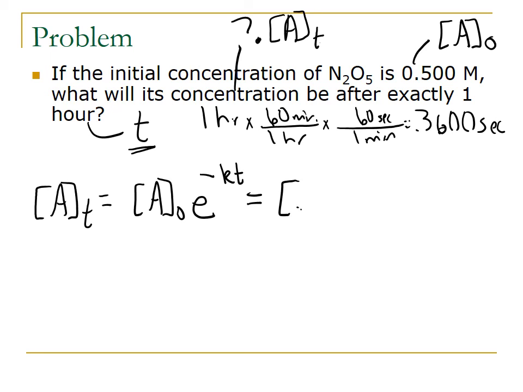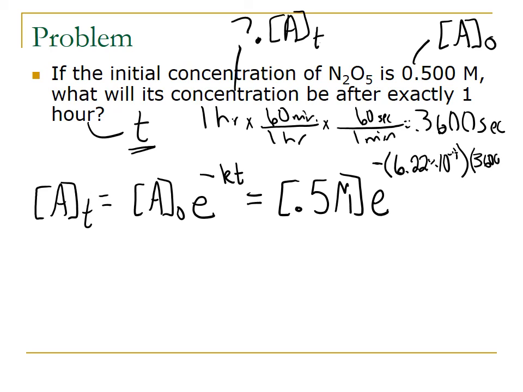Our initial concentration given in the problem is 0.5. That's in molarity if you needed to know that. E to the negative. Then we're going to put our K in here. That K was 6.22 times 10 to the negative fourth. And then our time is 3,600 seconds.